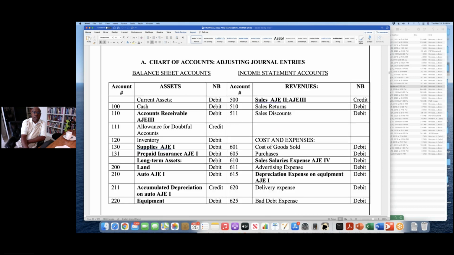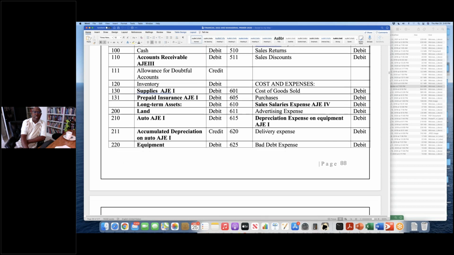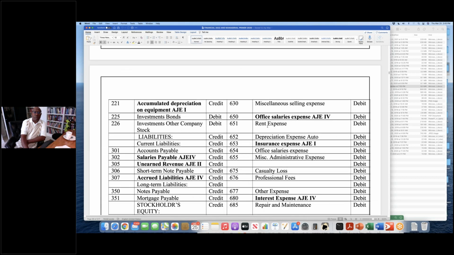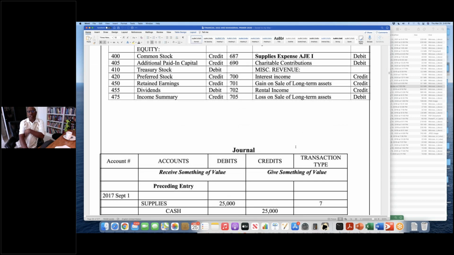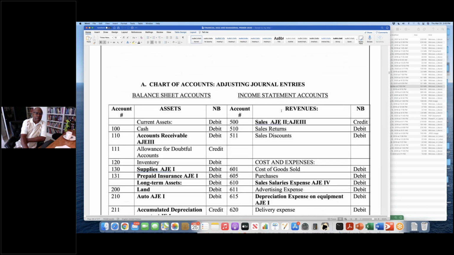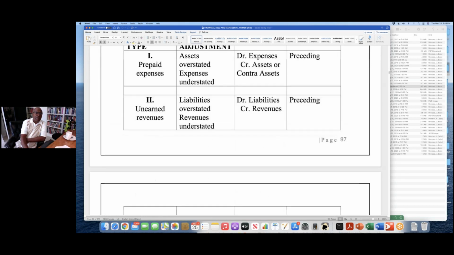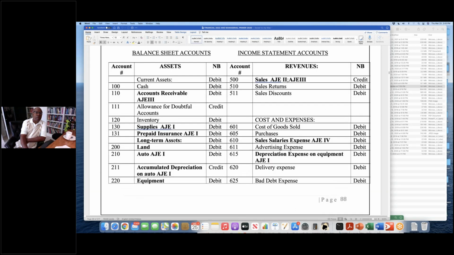And then on the other side, the AJE 1s are going to involve either depreciation expense, insurance expense, supplies expense. I'll try to remember to put this in course content, but you can do it yourself. So when we have the first type of adjusting entry, prepaid expenses, I'm already telling you what accounts are involved.